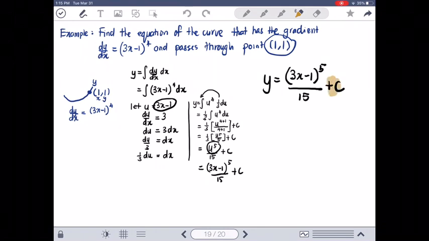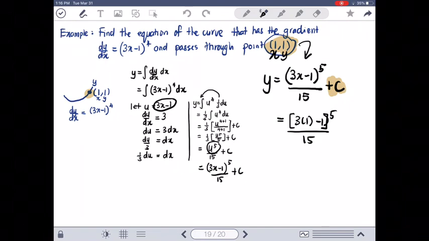The next thing we need to do is find the value of c by substituting the point that lies on this curve. When x equals 1, y equals 1. Just substitute this value into the equation. So when x equals 1, we have 3 times 1 minus 1 to the power of 5 over 15, where y equals 1, so plus c.